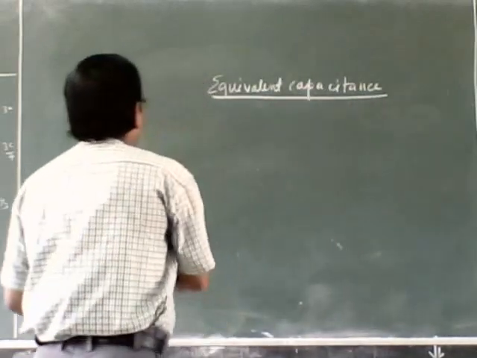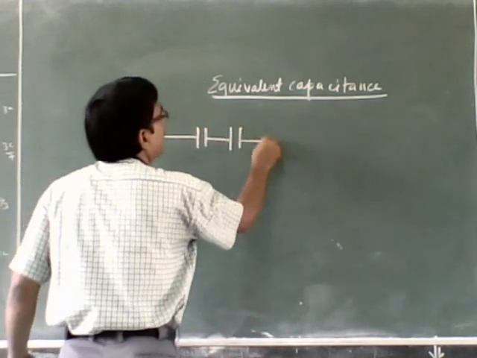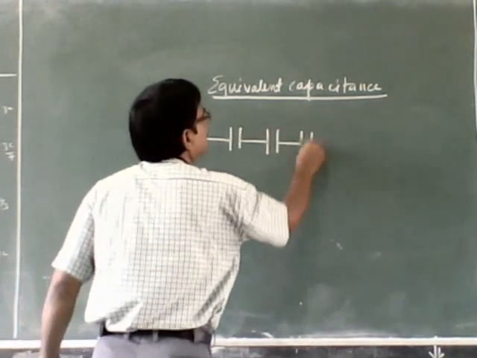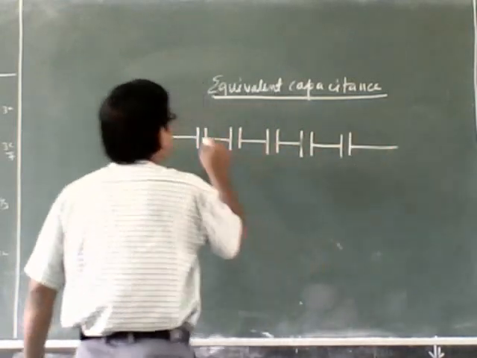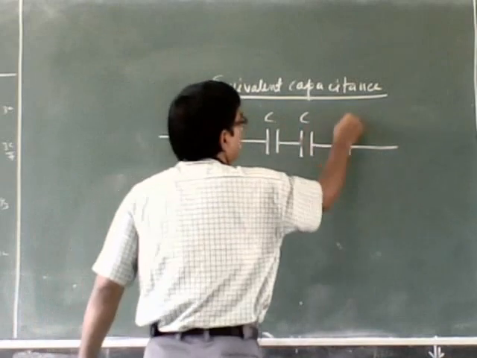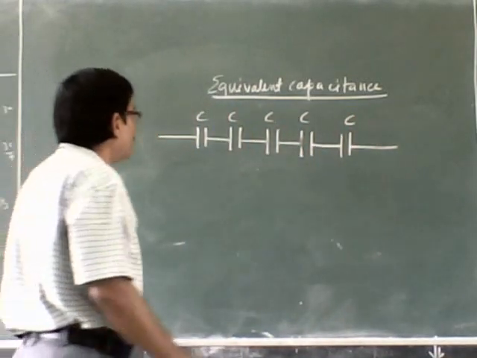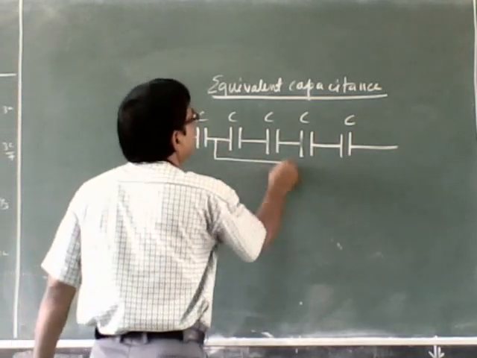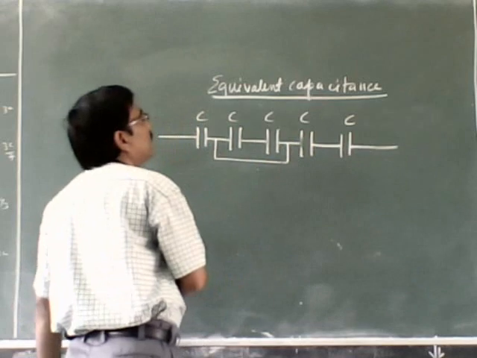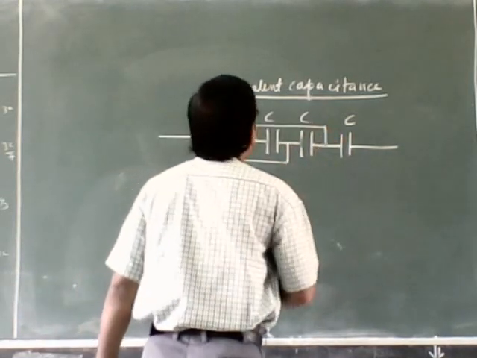So let us try another problem. Suppose these are capacitors of capacitance C, all with equal capacitance. Now, this capacitor is connected with this point, and this point is connected with this point.